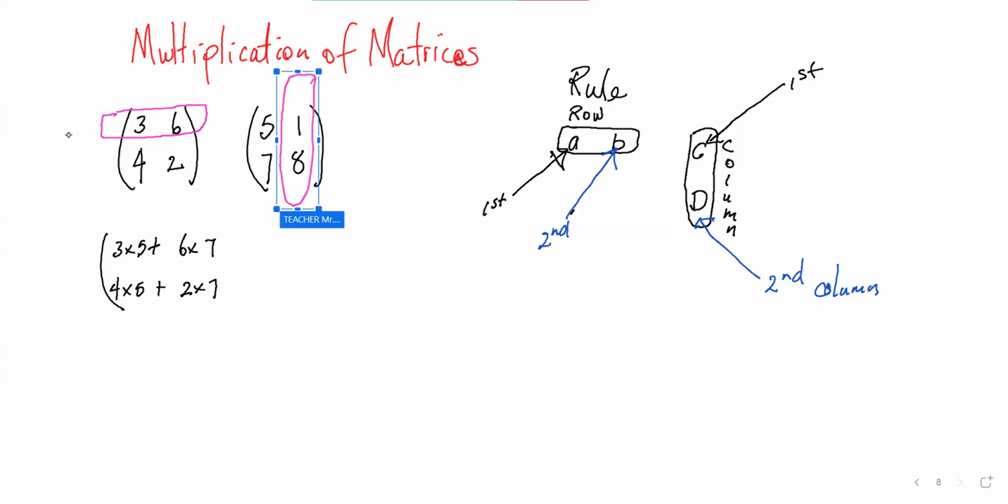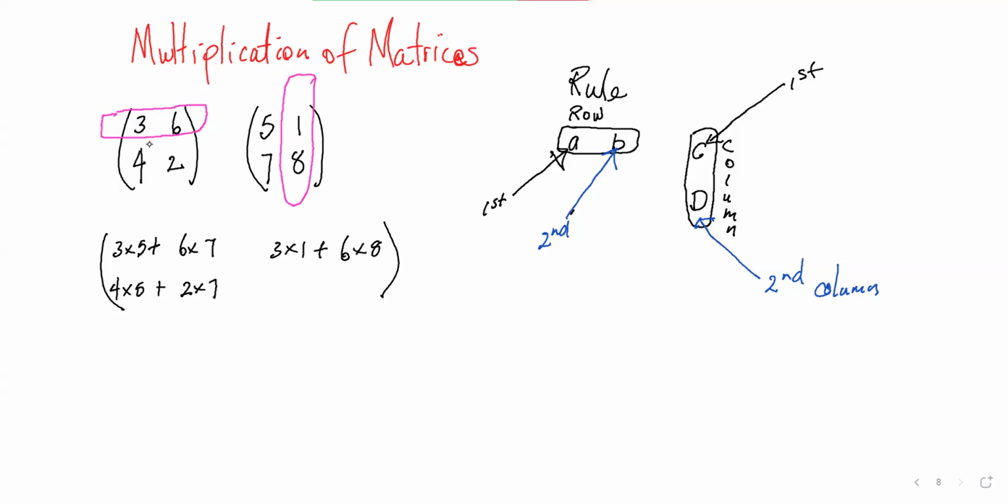So let's go again. It is 3 times 1 plus 6 times 8. All right, so 3 times 1, 6 times 8.